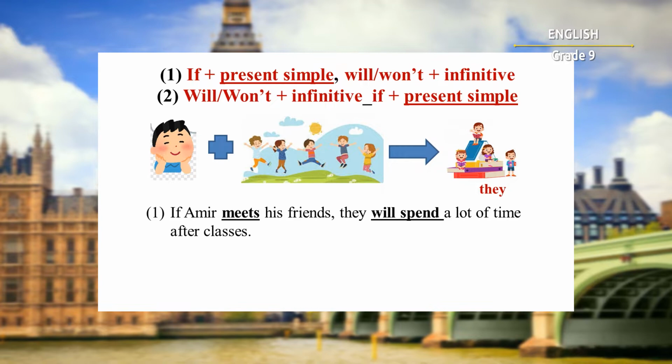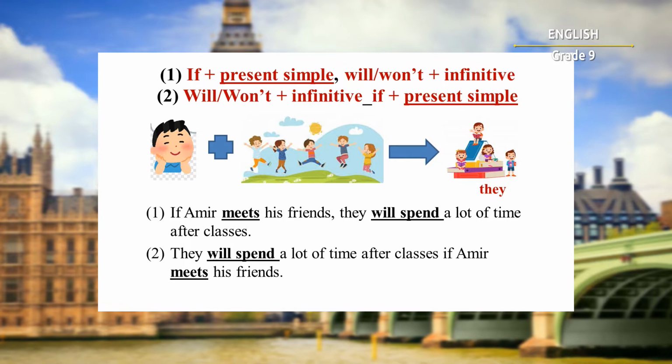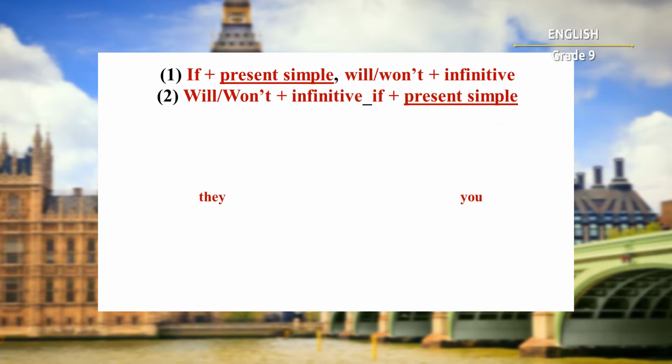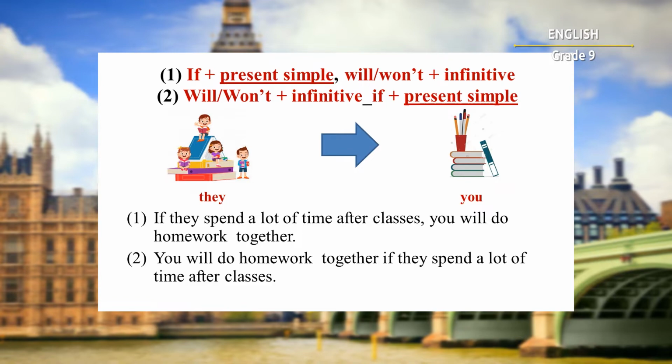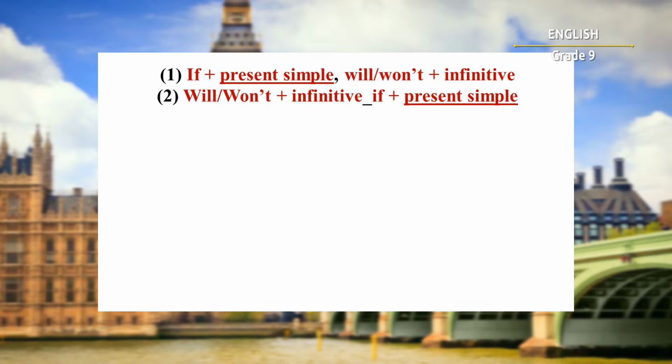And now, using the second form: they will spend a lot of time after classes if Amir meets his friends. A sentence with the first form is: if they spend a lot of time after classes, you will do homework together. The second form: you will do homework together if they spend a lot of time after classes.